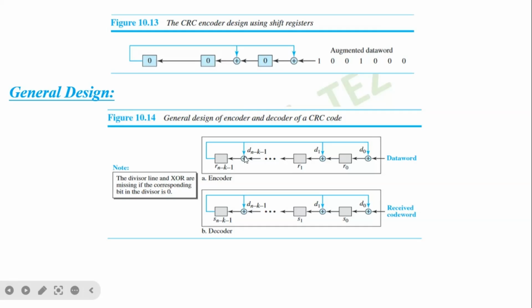The same thing they have tried to say here, that is an encoder or a decoder, depending on the number of bits in the data word, that will do the job. So in general terms, it is given like that. This was a specific example. The same thing in general, they have given like this. So this is the general design of the encoder and the decoder.